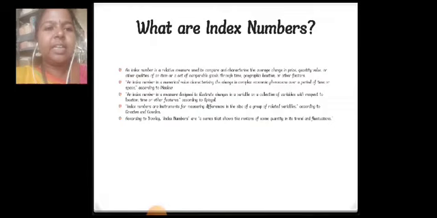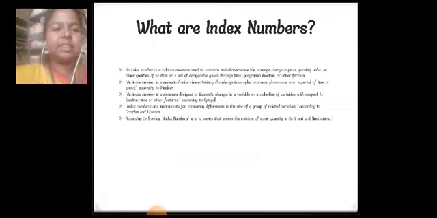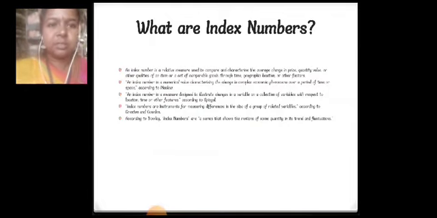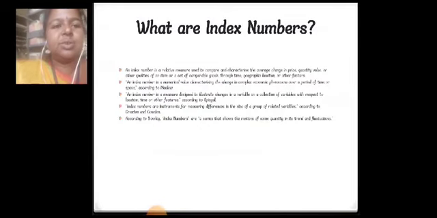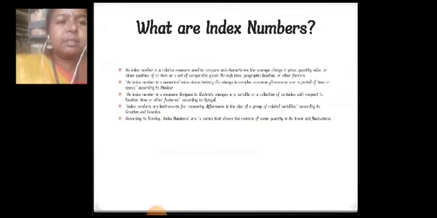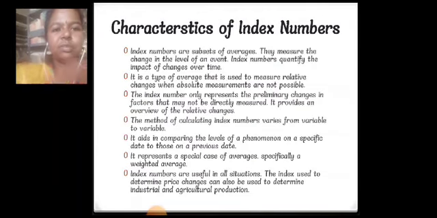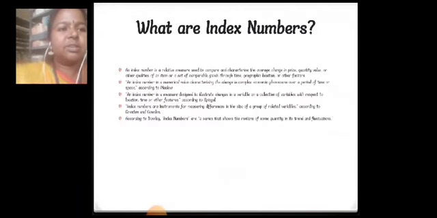An index number is a numerical value characterizing the change in complex economic phenomena over a period of time or space, according to Maslow. According to Spiegel, an index number is a measure designed to illustrate changes in a variable or a collection of variables with respect to location, time or other features.